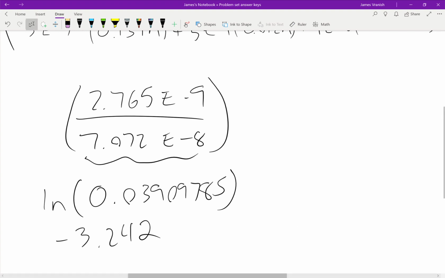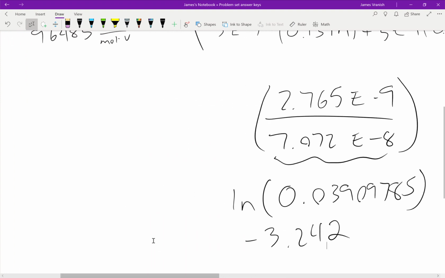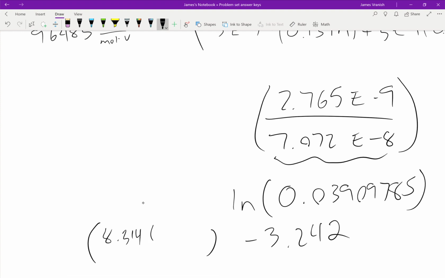All right, and we have to now multiply this by those coefficients at the top. So this whole part now is being multiplied by our 8.314 times 298 over 96485.